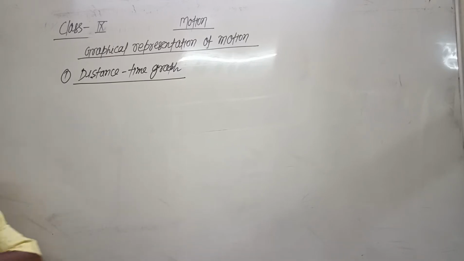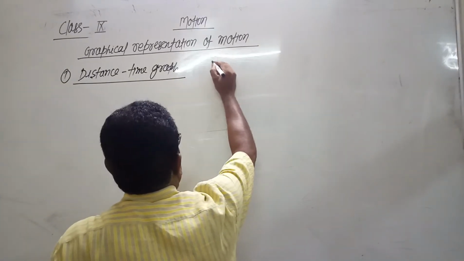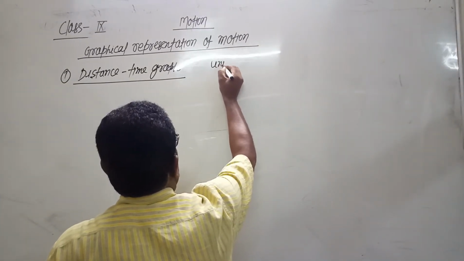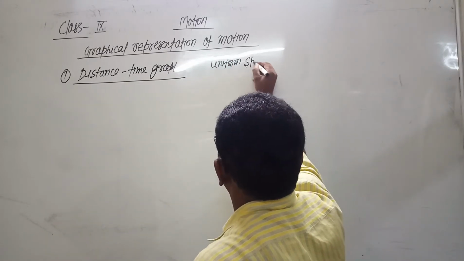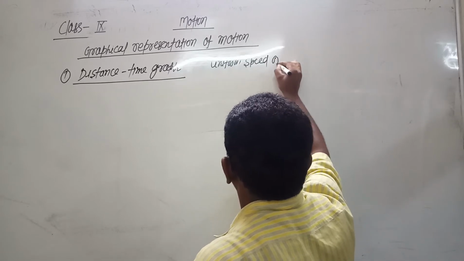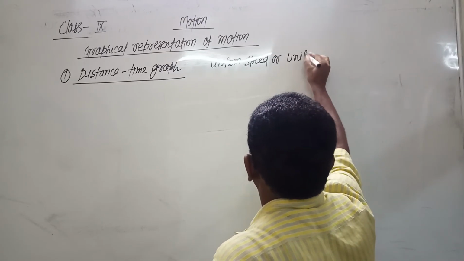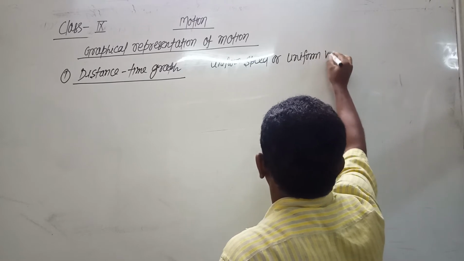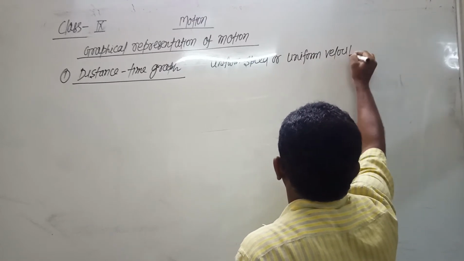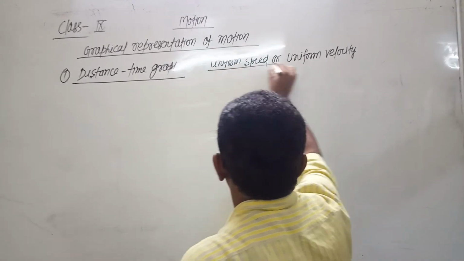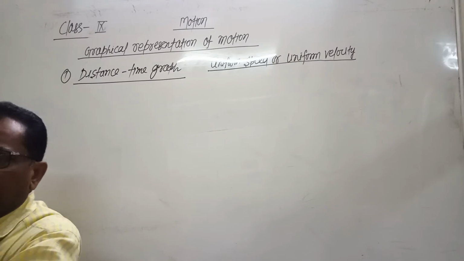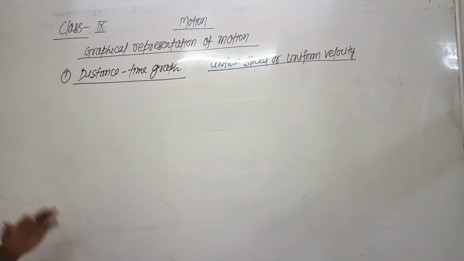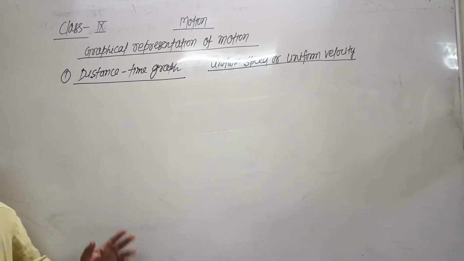First is the body moving with uniform speed or uniform velocity. If a body is moving with uniform speed or uniform velocity, then what would be its distance time graph?